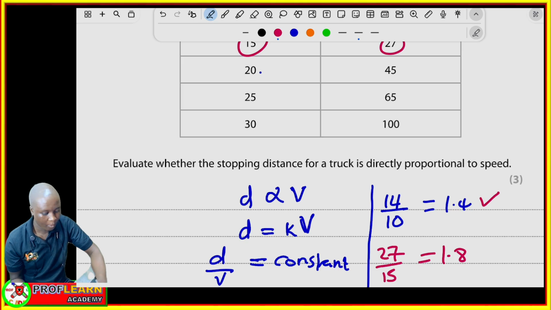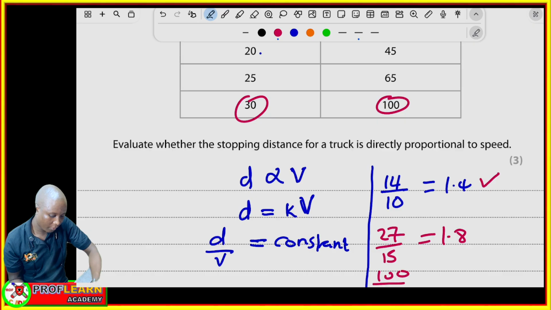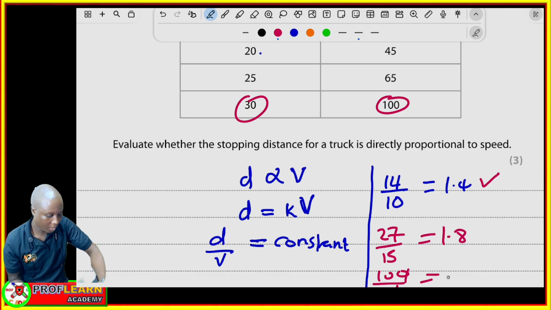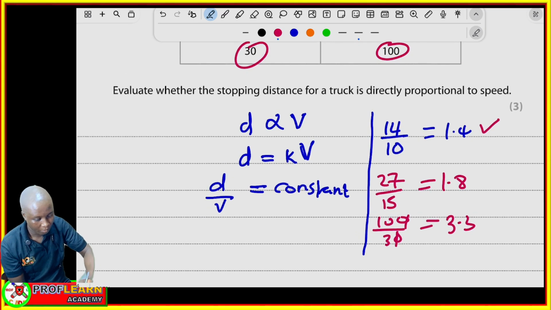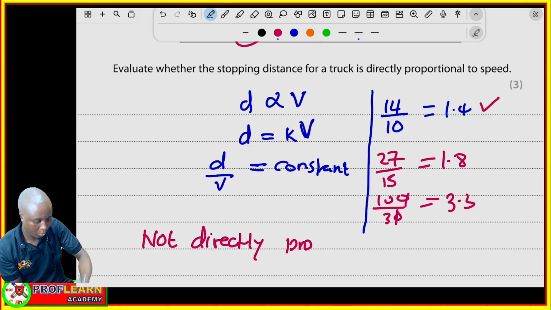You can see the constants are not the same. Let's check when it's 100 divided by 30. If you work it out, it's 3.3. So it's not directly proportional.